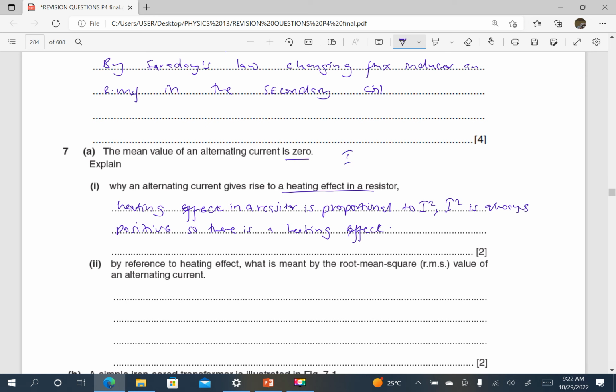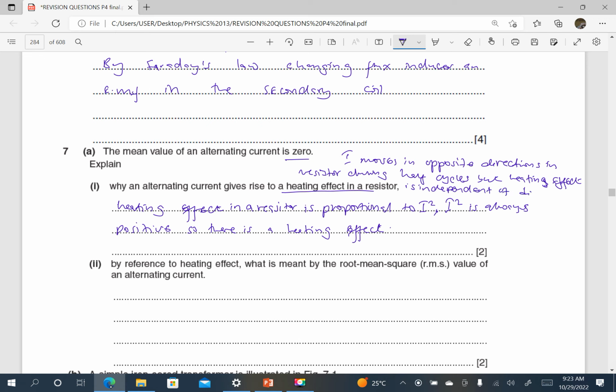So you could say I moves in opposite directions in a resistor during half cycles, but the heating effect is independent of direction of current.